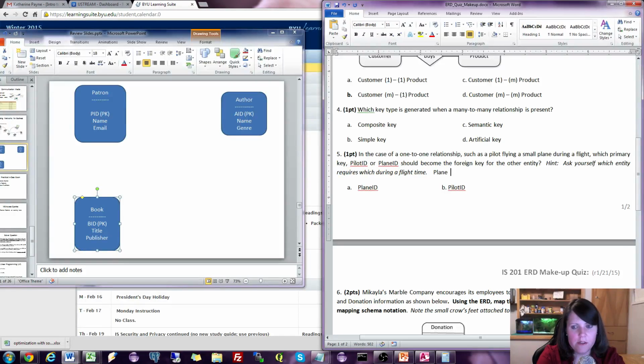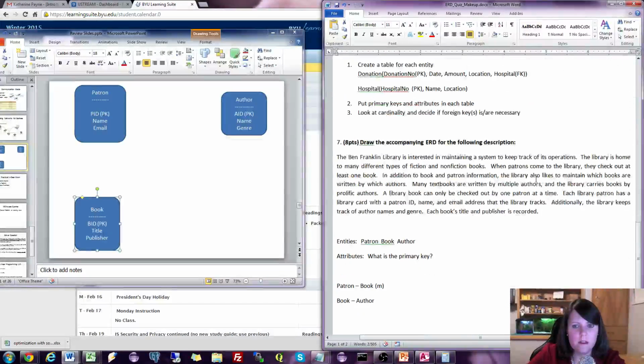So if we have the relationship, plane to pilot, the plane has to have a pilot. So the pilot ID primary key becomes the foreign key on the plane side of the relationship. If that side requires it, then it receives the primary key from the other one.